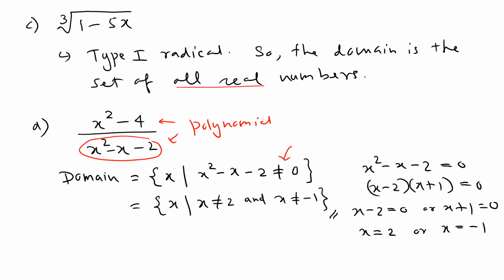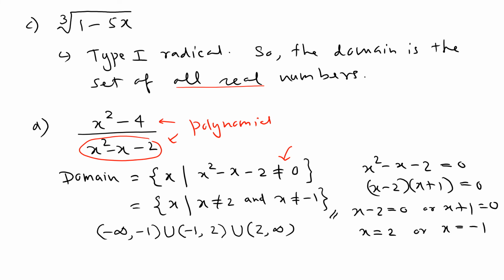The other way to write the solution is to use interval notation. We have to remove two values. How do we remove two values? We start with negative infinity and stop at the first value, which is negative 1, open, then put a union, and then start at negative 1 again and go to the next larger value, in this case 2, open it again, then put the union, and start at 2 again and go to infinity.